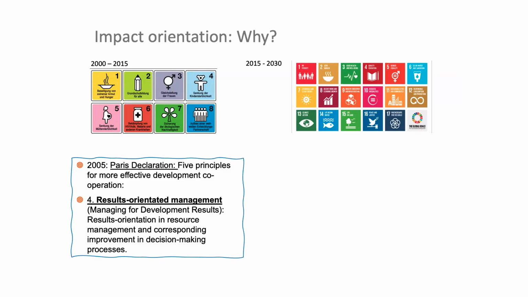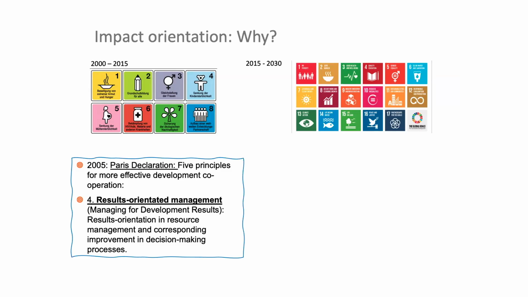But there were many experiences where development cooperation was not that effective. Donors had different styles, and perhaps the partner organizations in the countries had different styles. And we just could tell something about activities which we had carried out, but not really say something about the real improvements for the beneficiaries.